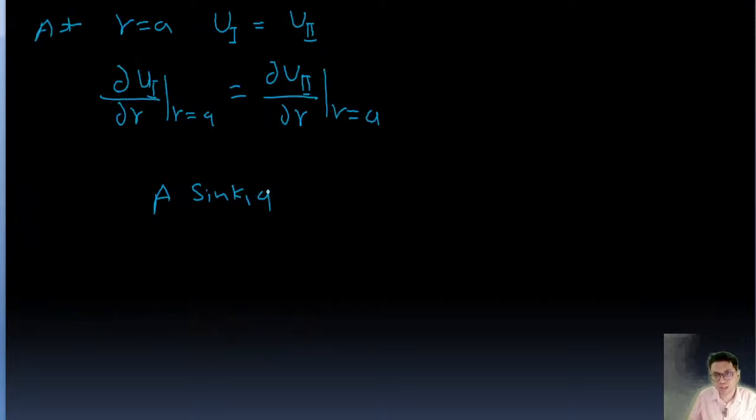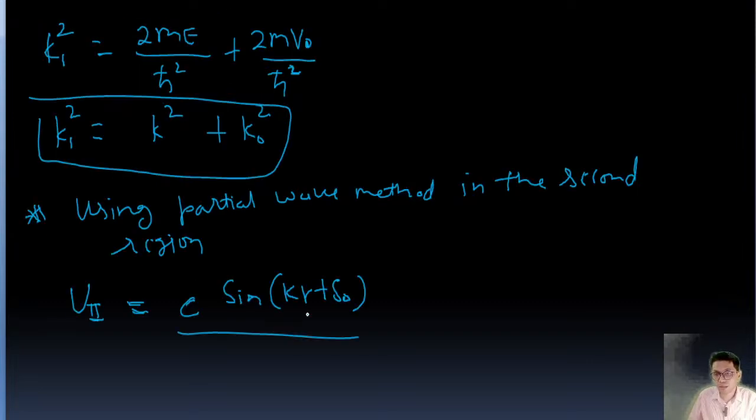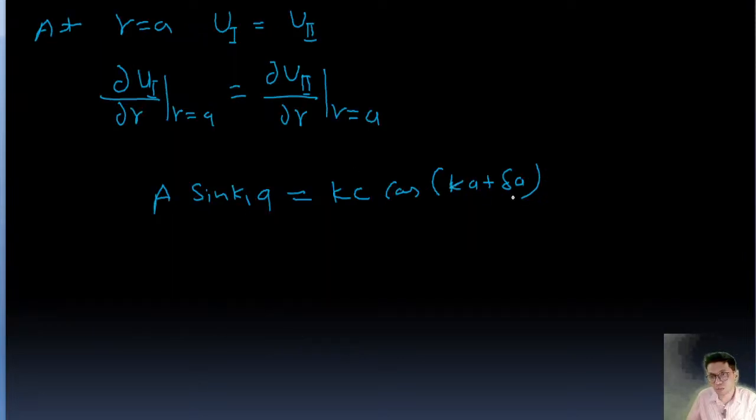A sine k1a is going to be equal to c sine (ka plus delta naught). We'll find the value of delta naught, guys.